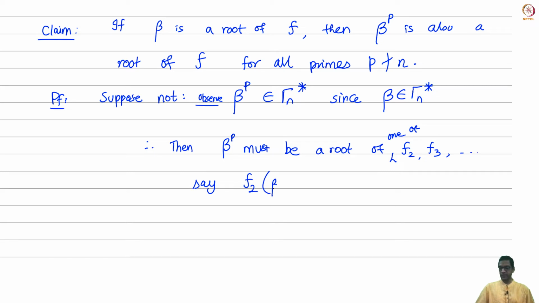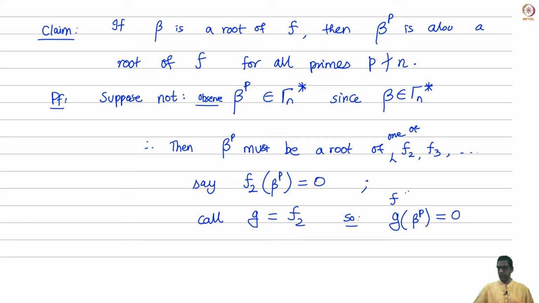So suppose f2 of beta to the power p is 0. Let's give it a simpler name, since we will keep needing it. Let's call f2 as g. So I know that g at beta to the power p is 0.